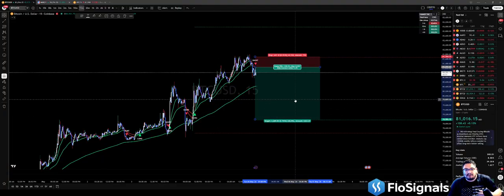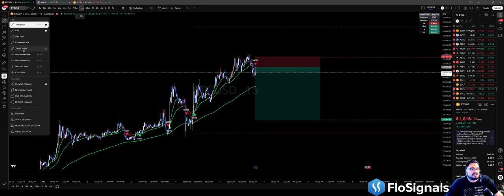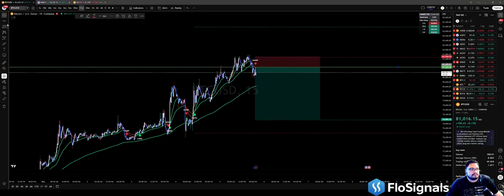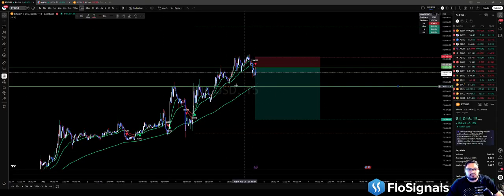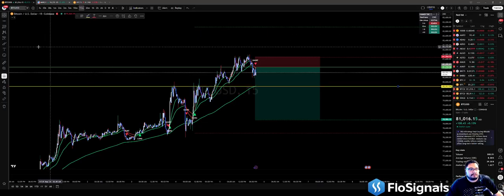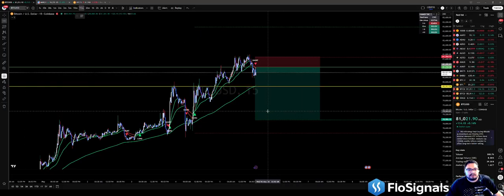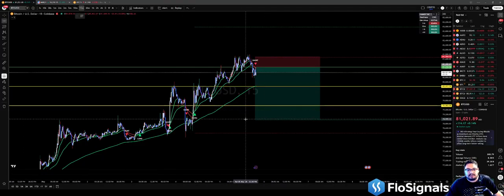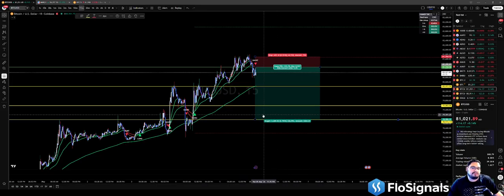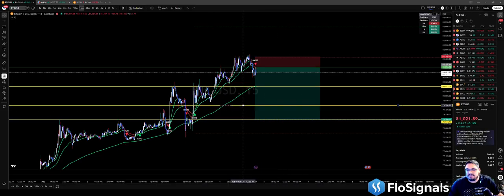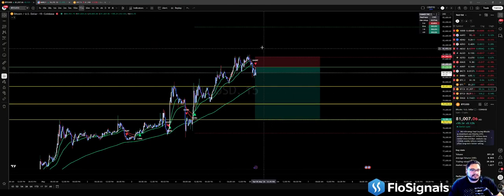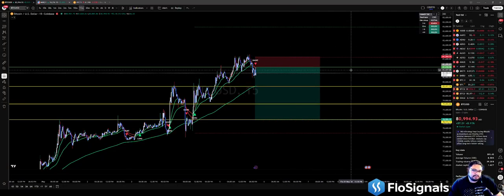Now, you could technically take a partial TP as well, say at the 200. And then you could even take another one there, and then a third one. So you can do something like that. Now, that's all up to you. This indicator does not have it built in, but this is something that you ultimately could do.